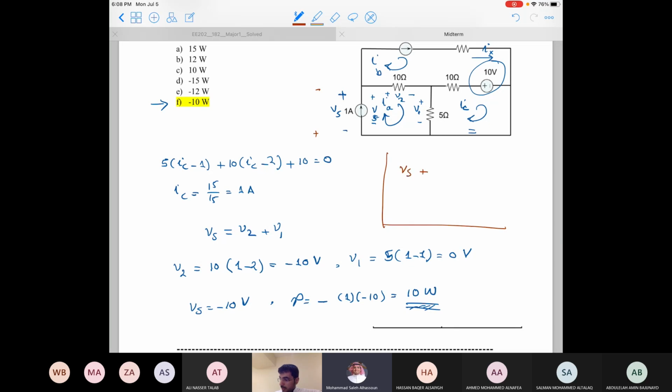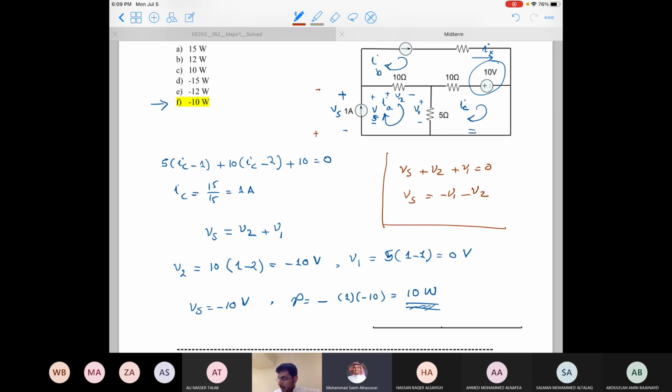Vs plus V2 plus V1 equals 0, so you'll get negative Vs. Because eventually I need Vs, let me make it positive: Vs equals minus V1 minus V2.